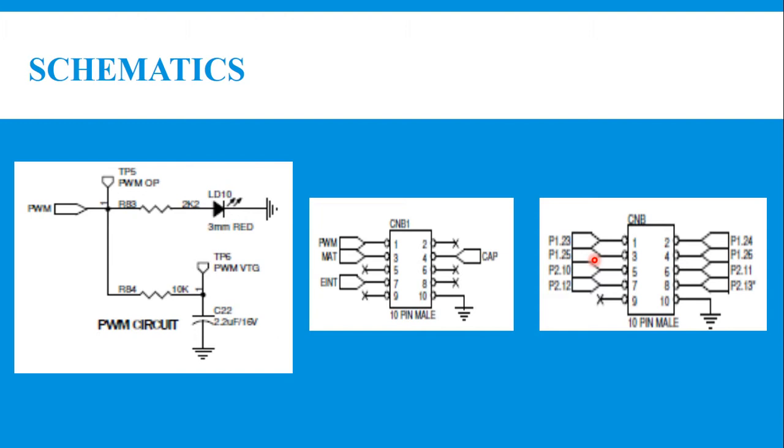Now before going to that, the LPC1768 has 6 PWM blocks, which can be used as 6 single edged or 3 double edged.